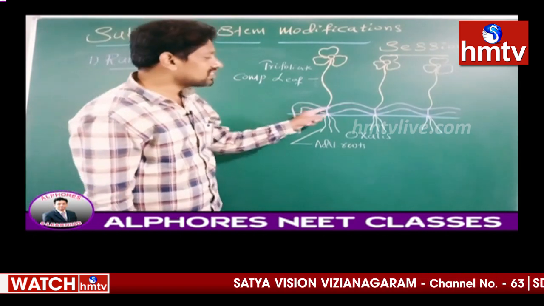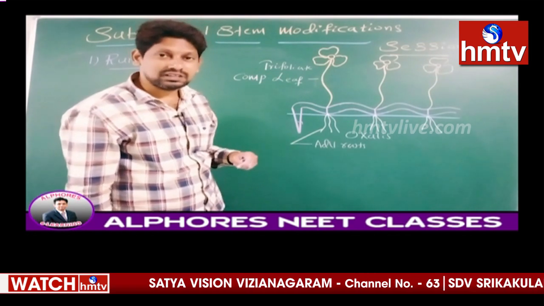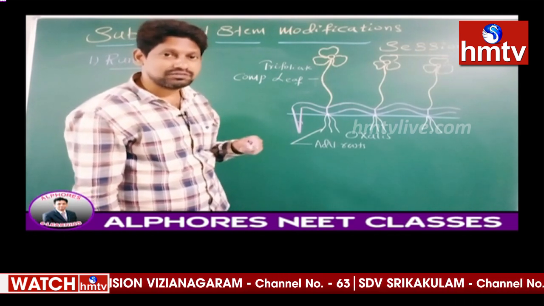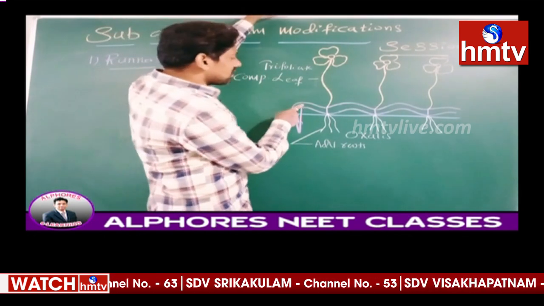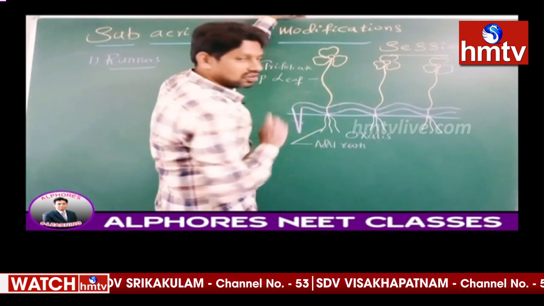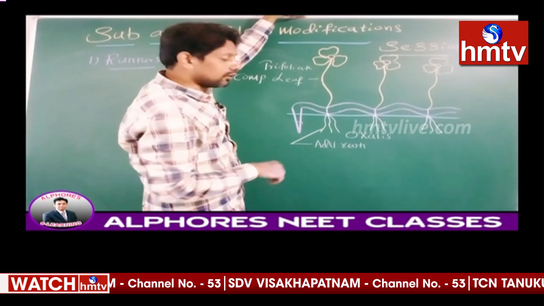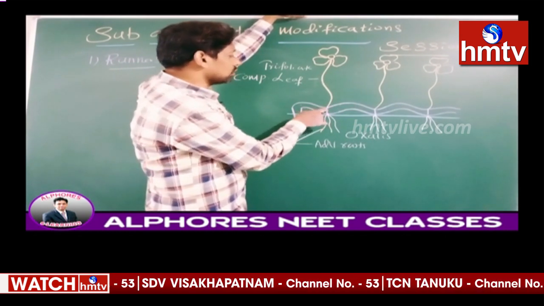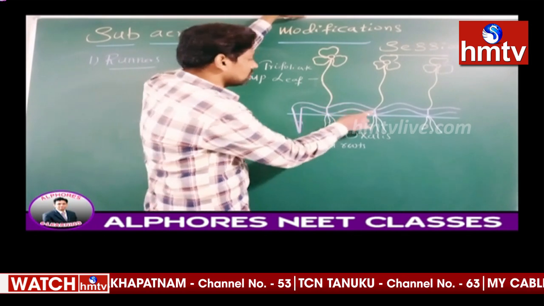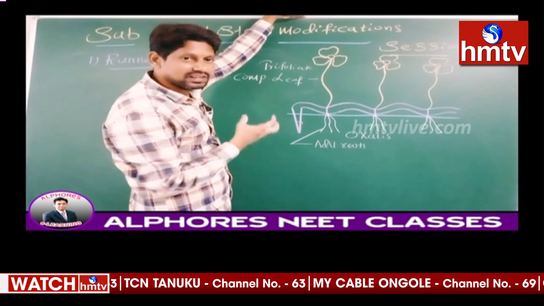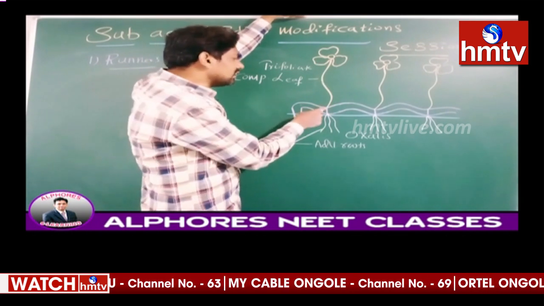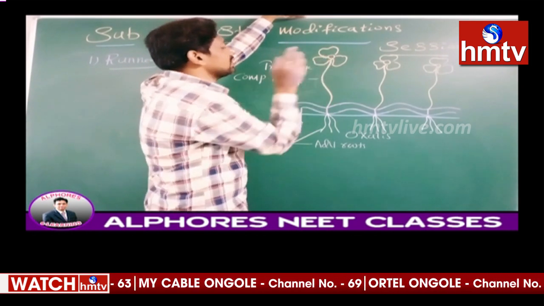Now listen to the statement. In some weak stemmed plants, how is the stem? Weak. That weak stem is creeping on the surface of the soil and rooted at each node. See the diagram. At each node you are going to see adventitious roots on the lower surface, and at each node you are going to see a leaf.